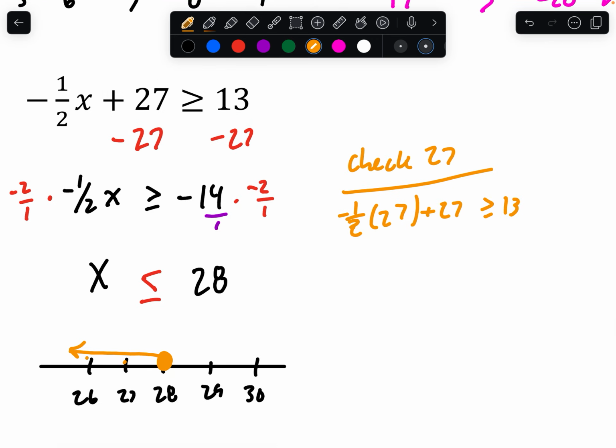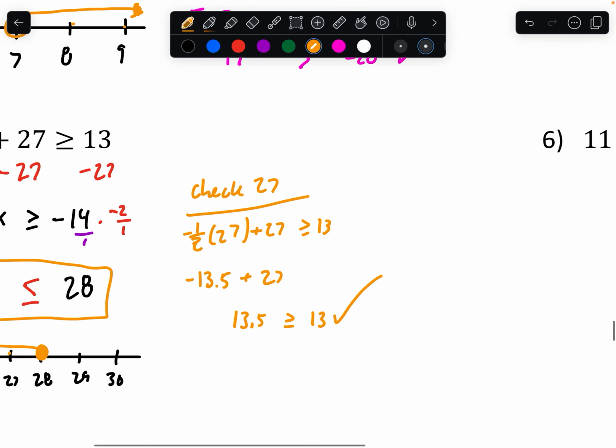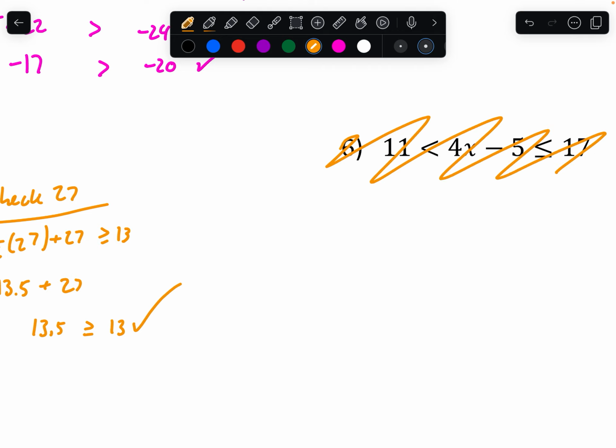Half of 27 is 13.5, so it'd be negative 13.5. Negative 13.5 plus 27 is 13.5. And 13.5 is greater than 13. It worked. Okay. Let's skip this one. I'm going to go on to the next side.